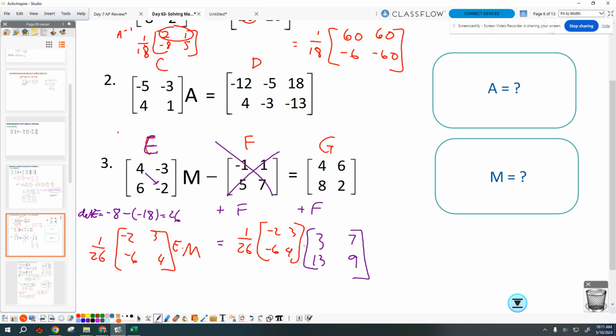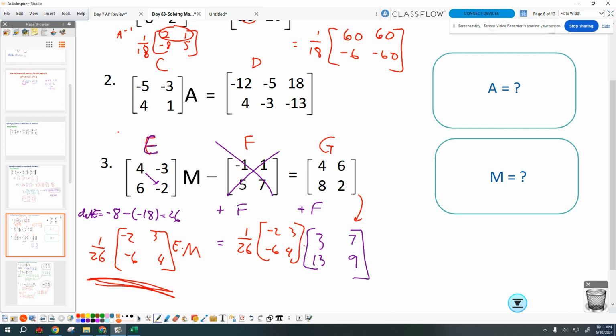So Fernando, explain what we did here. Well, you subtracted F from there and you added G, okay, and then you get there. And then you multiply by the inverse. How did we find that?